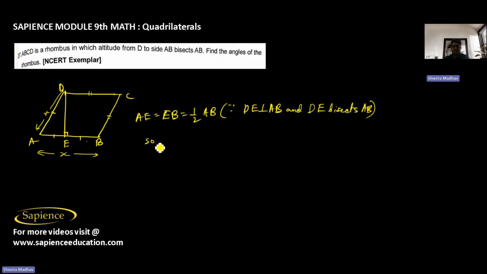So therefore, I can say that AE will be equal to x by 2. This length is x by 2. Now, join this D and B.